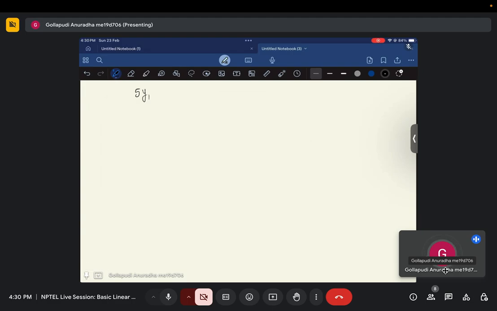So from this inverse, you can directly find x1 as, sorry, T inverse.